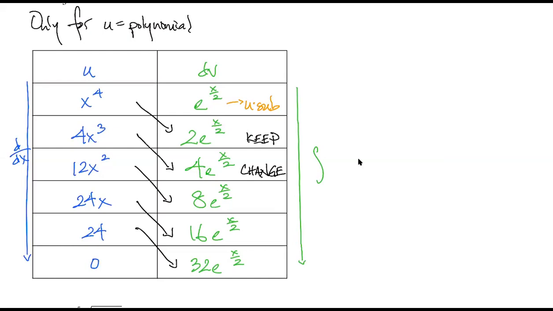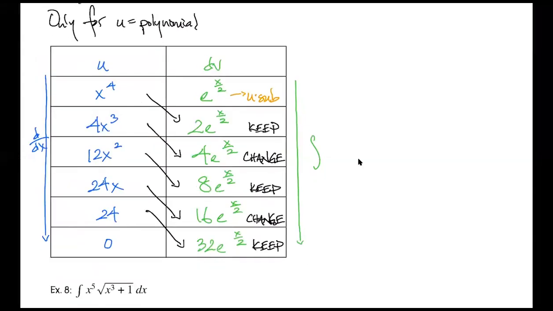So if it's positive, we make it negative, and if it's negative, we make it positive. We're going to keep alternating, keep, change, until we get to the end. And then we're going to write it all out as one long answer.